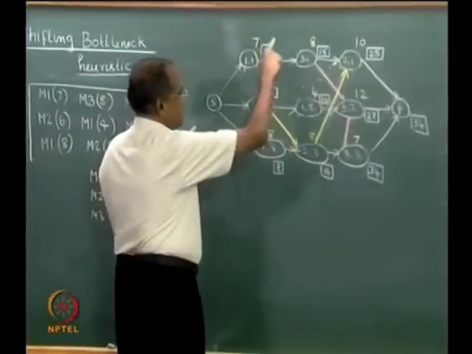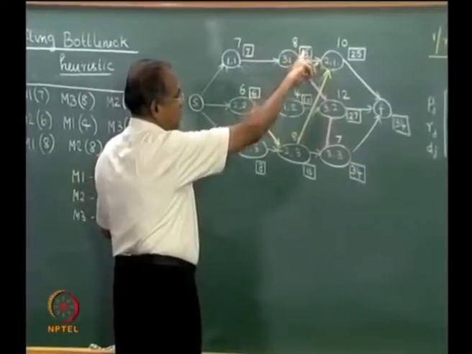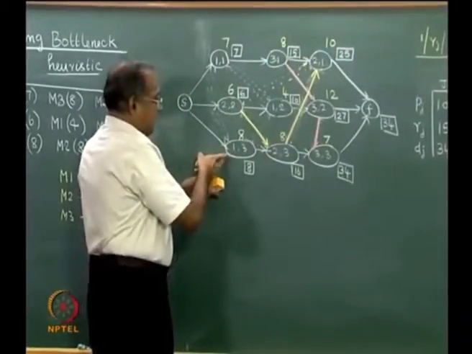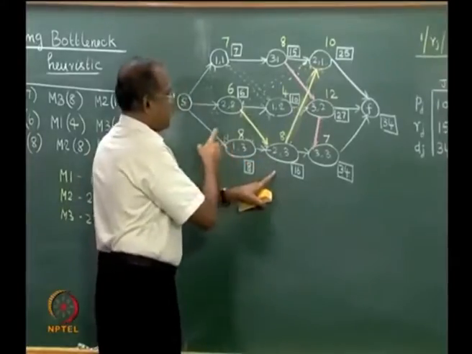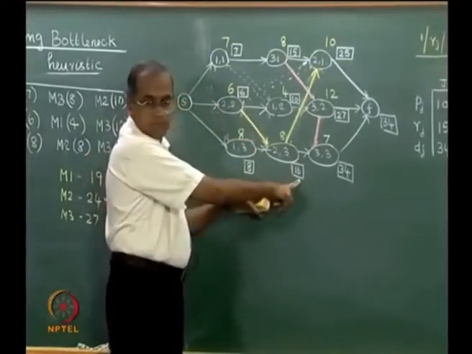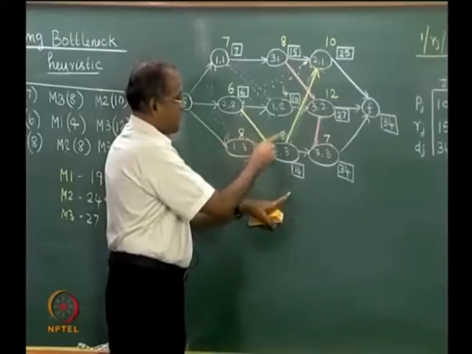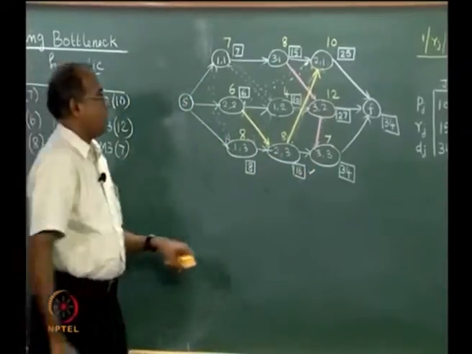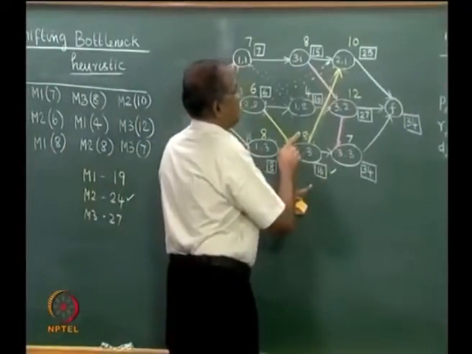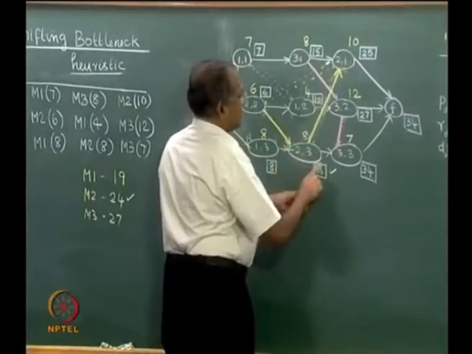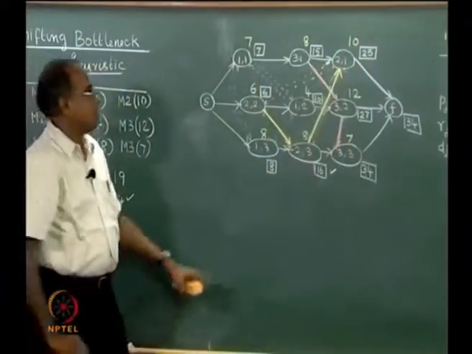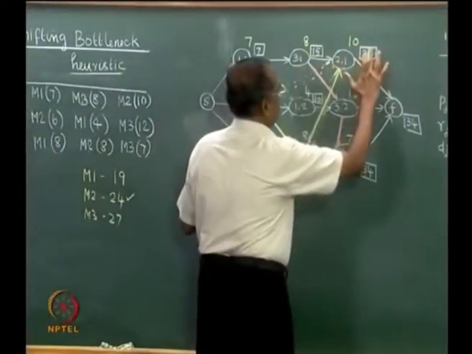So, this is at 7, this is again at 15, so this is at 27. Now, this is at 8. Now, this one is 6 plus 8, 14, but then we have 8 plus 8, 16, so this stays. Now, this will become 16 plus 10, 26, whereas earlier it was 15 plus 10, 25.